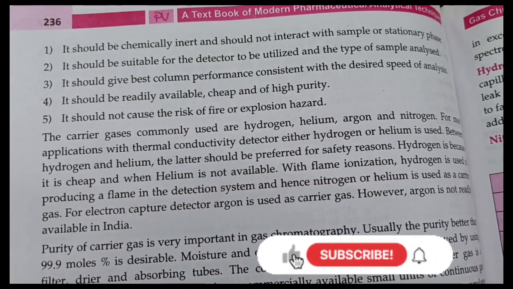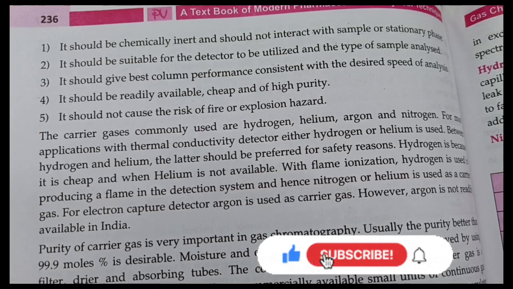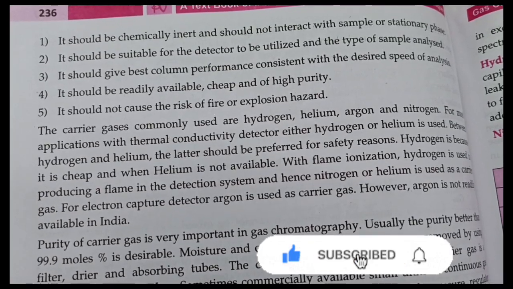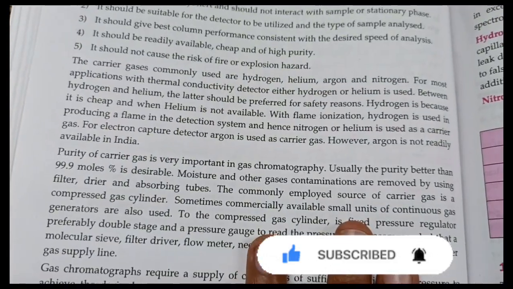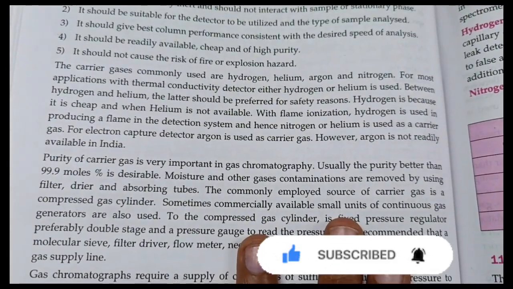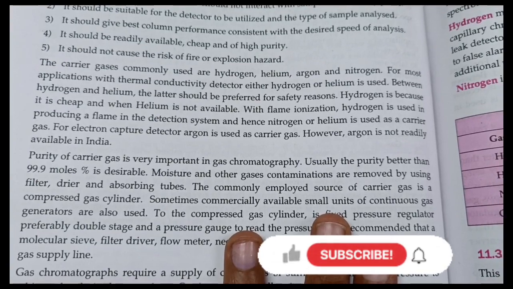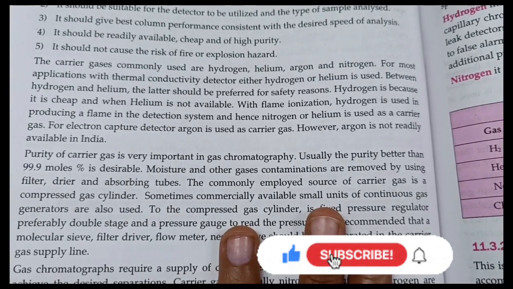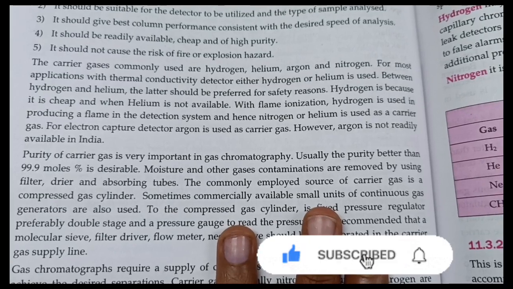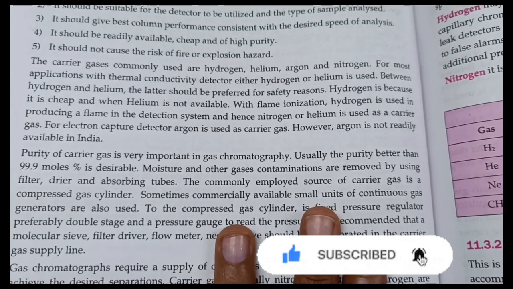It should be readily available, cheap, and of high purity. It should not cause the risk of fire or any hazard. The commonly used carrier gases are hydrogen, helium, argon, and nitrogen. For most applications with the thermal conductivity detector, either hydrogen or helium is used.